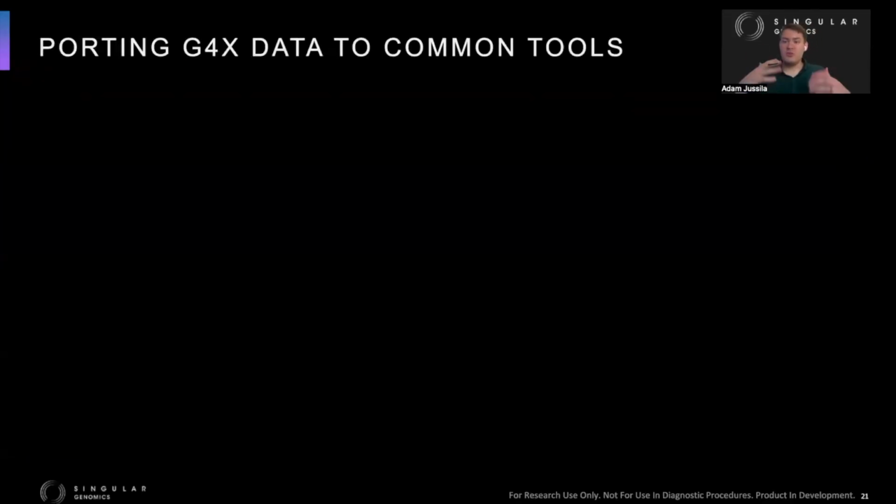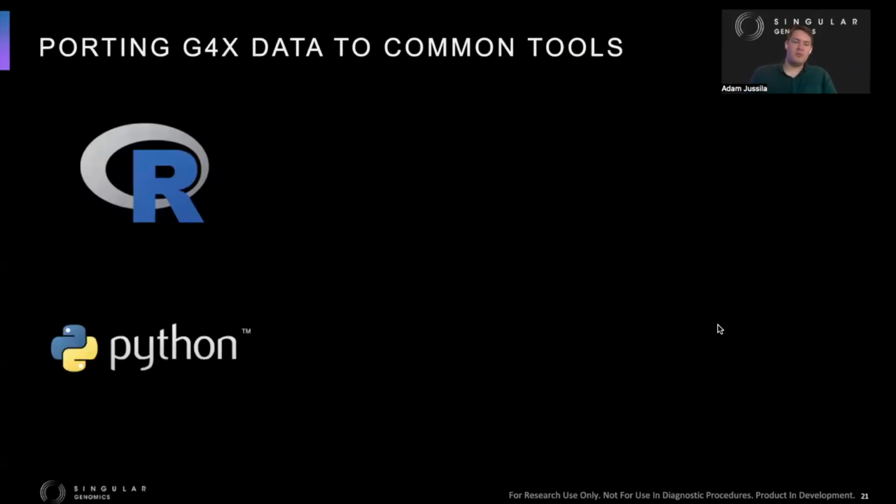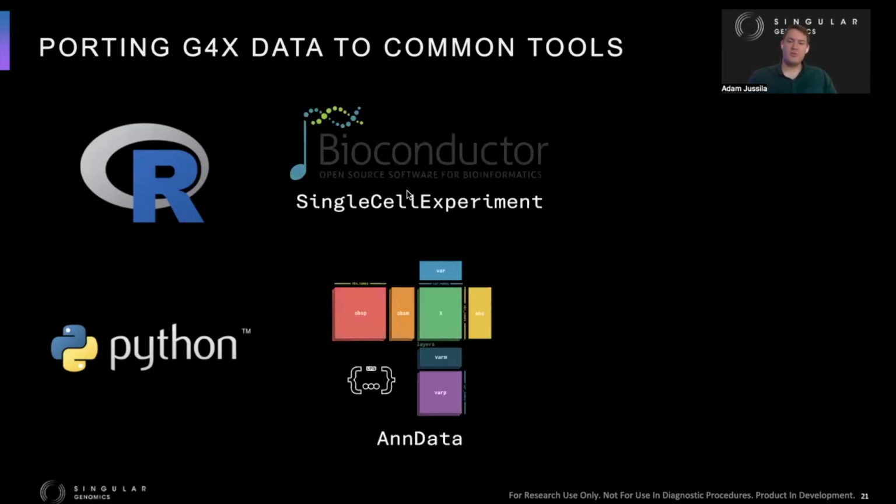As you move forward, assuming you've passed all QC checks and you're happy with the data, we also want to make it as easy as possible for you to port this data into all the tools you've been using for years already. We want to support both developers in Python and R. To do this, we use two core formats that you're probably quite familiar with.